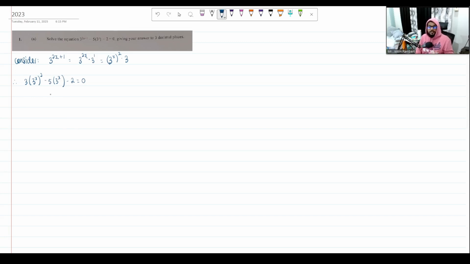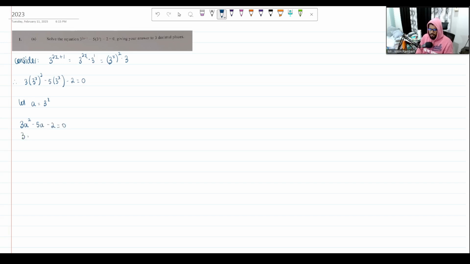But just for the visual preference, let a be equal to 3 to the power x. So I'm going to get 3a squared take away 5a minus 2 is equal to 0.